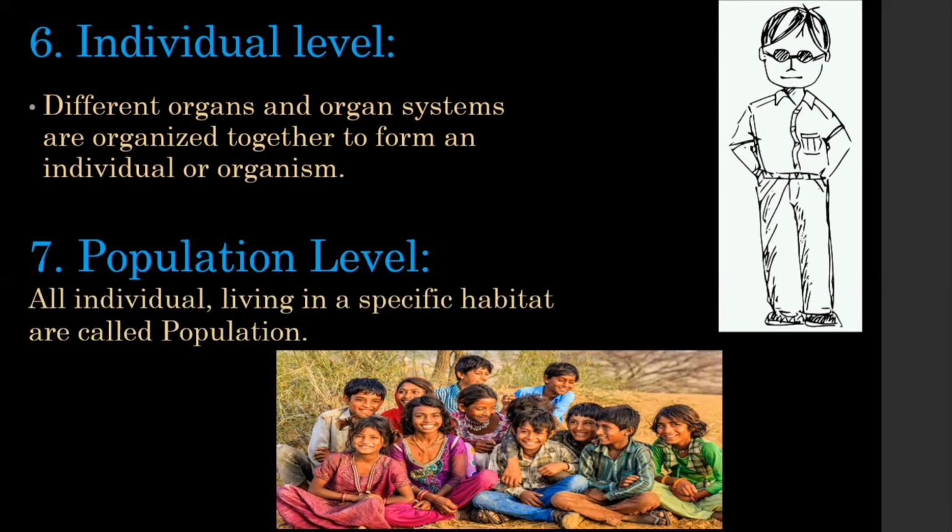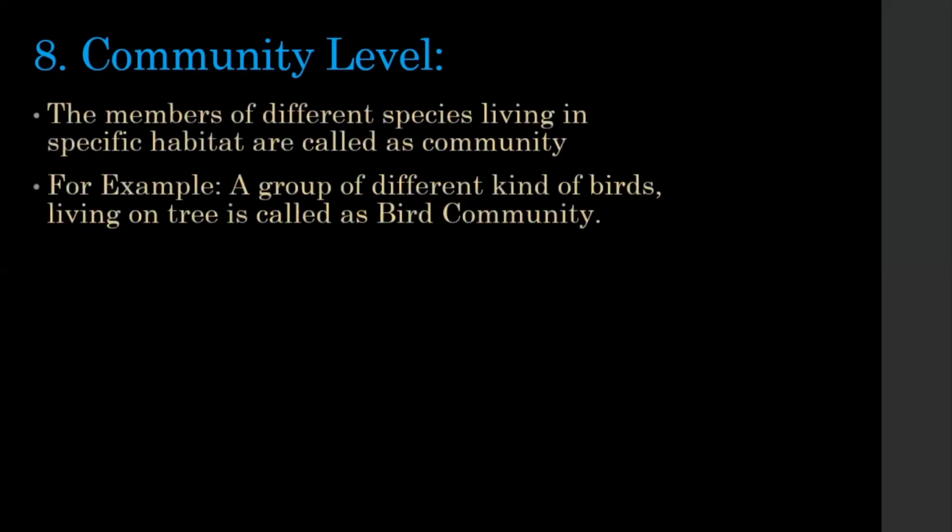One more example: a group of parrots living on a tree is called a parrot population. The eighth level of organization is the community level. At the community level, the members of different species living in a specific habitat are called a community.